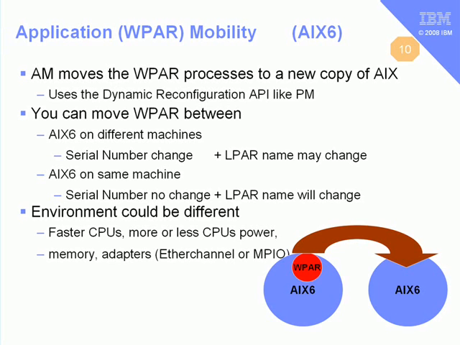Again, though, the environment could be different. We could be jumping from a copy of AIX with 2 CPUs to a copy of AIX running 8 CPUs, and we will see a dislocation in the CPU statistics as we move from one copy of AIX to the other.